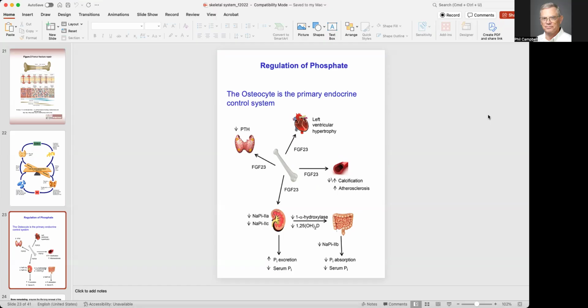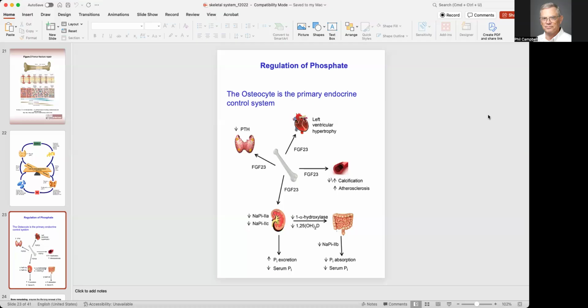So now let's talk, what do I mean by that? What they do is they produce a hormone called fibroblast growth factor 23, or FGF23, right? Now remember, I said they were mechanoreceptors, they're also endocrine organs. Let's focus on the endocrine aspects. What does FGF23 do?